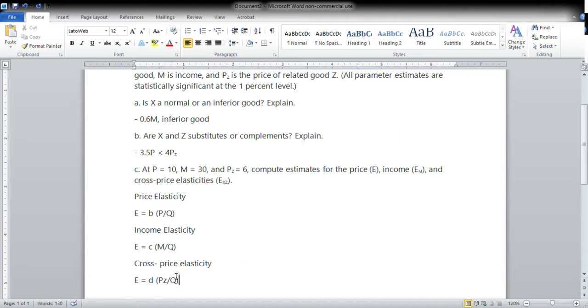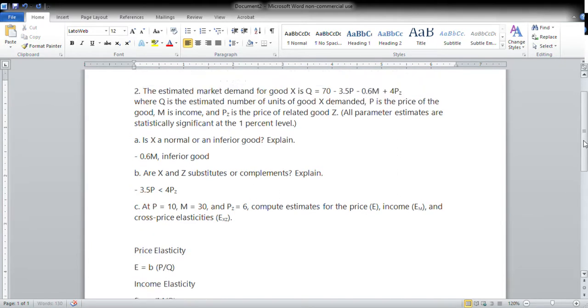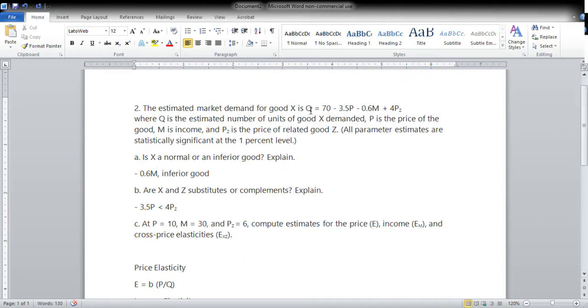Now one thing you may notice is we need to solve for Q, which is pretty easy. So let's do that first. Our equation for Q, for our estimated market demand, the estimated quantity that we will buy.